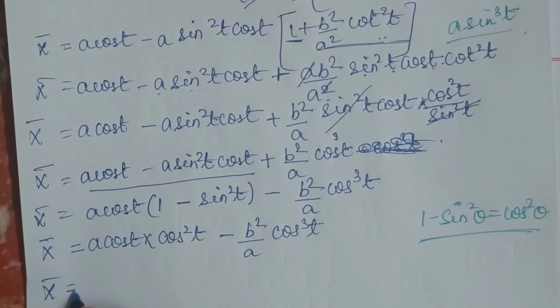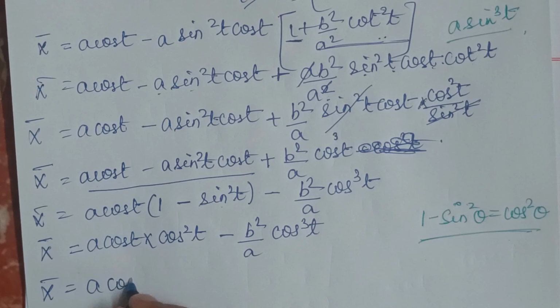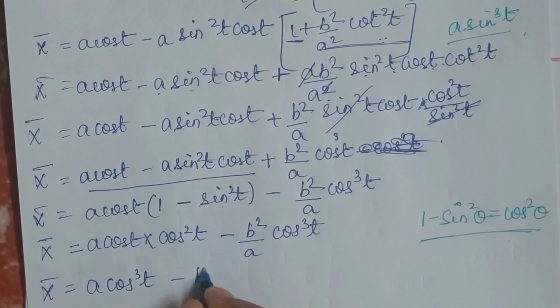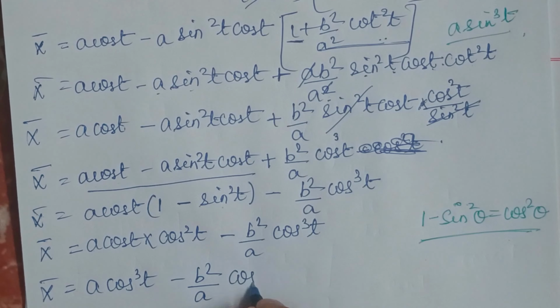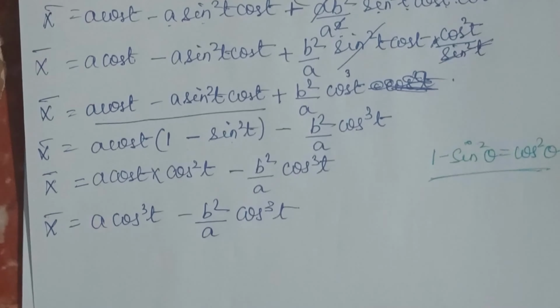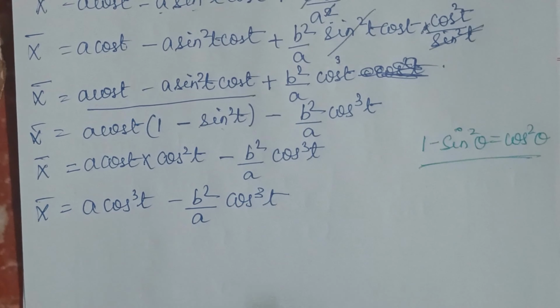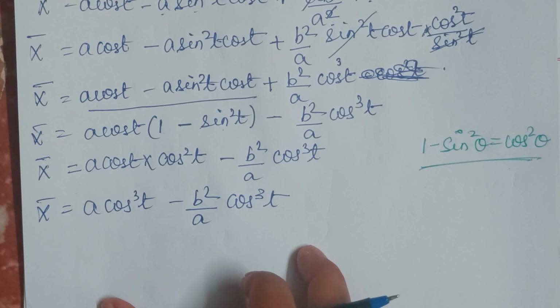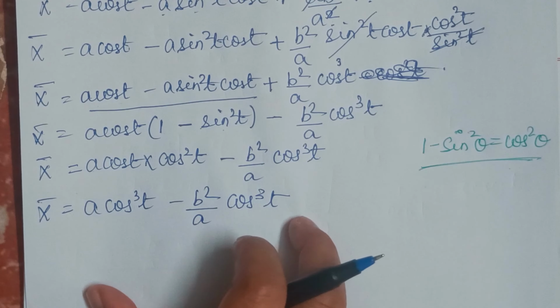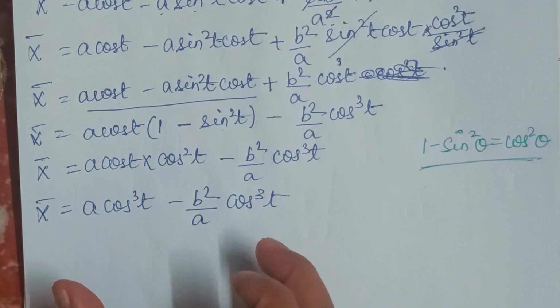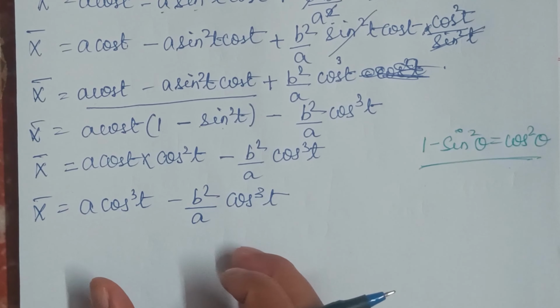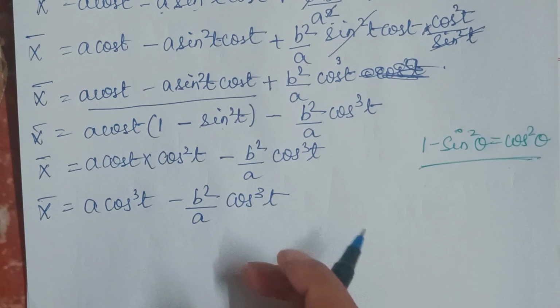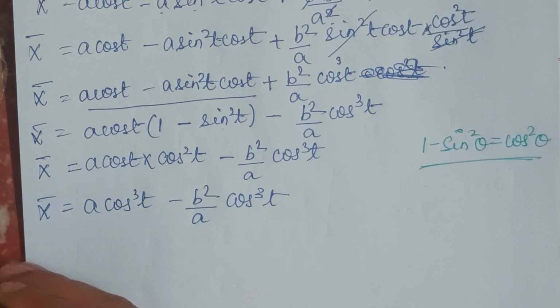So x bar becomes a cos cube t minus b square by a cos cube t. I am explaining step by step with every detail of the expansion or differentiation or simplification, so that you do not get confused at any point.